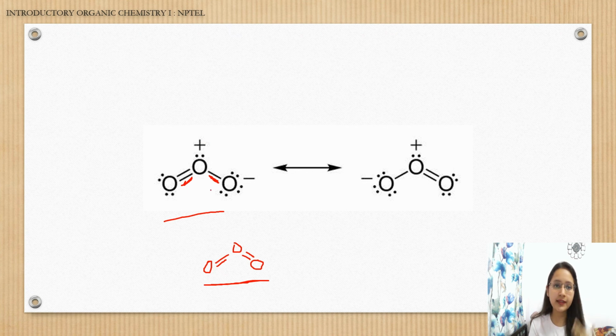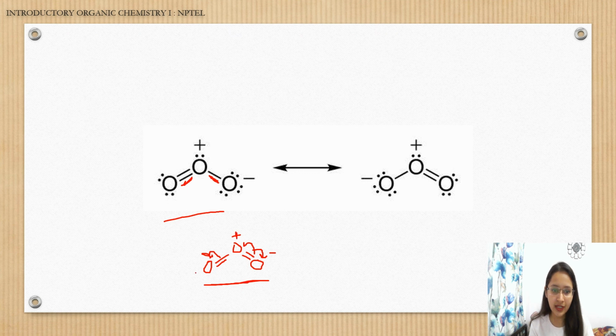But it is not a neutral species, right? So here a charge transfer takes place, and this kind of resonance structure is going to form. This will go here, and this positive charge will come on this oxygen, and this negative charge is coming on this oxygen, and this double bond is converting into a single bond, right? So this is what is happening here.